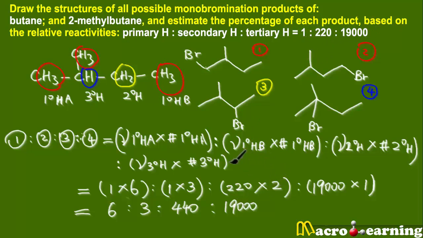Even if you multiply it with the higher hydrogen number, it still doesn't help increase the product percentage very much. So that's why it's got such low ratios or product percentage. But that's pretty much how you got the ratios between the products and how you will be calculating the percentages for each product. So I hope that makes sense to you.